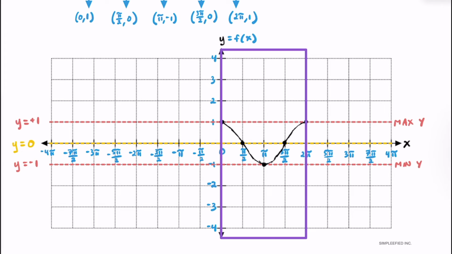So what I'm going to do next is continue this pattern by coming back down, then go all the way down to the minimum, back to the midline, then back to the maximum y value. And then I'm going to also do this to the left of our initial period as well, and continue this pattern so we can see what this is going to look like. Definitely not necessary, but just something I'm going to do so you can see the pattern.